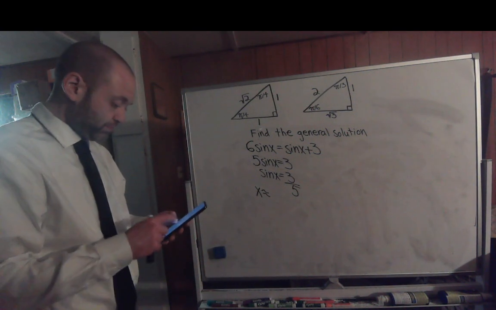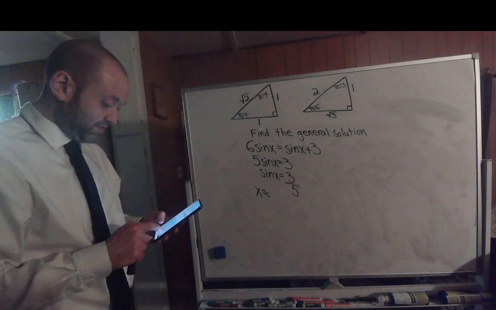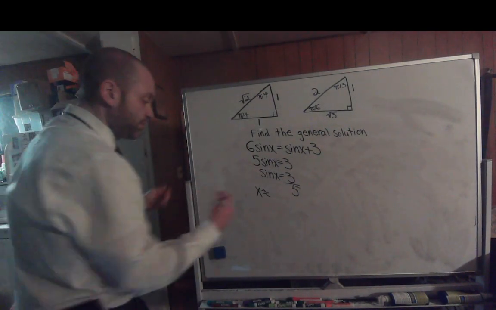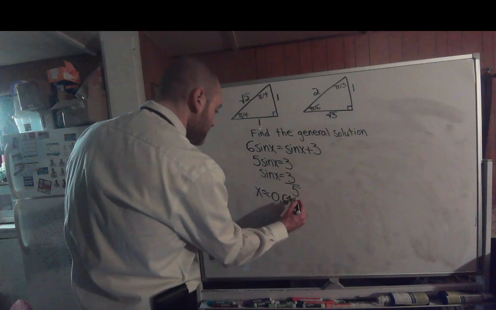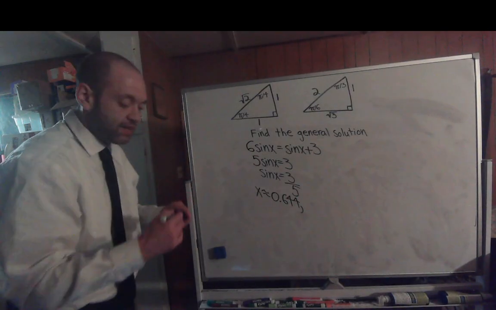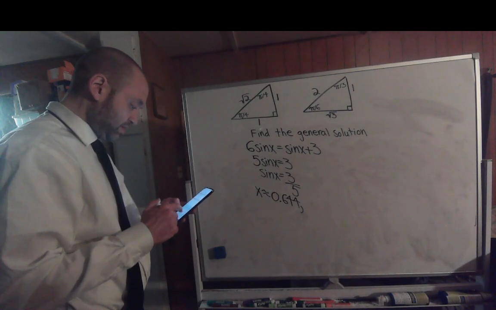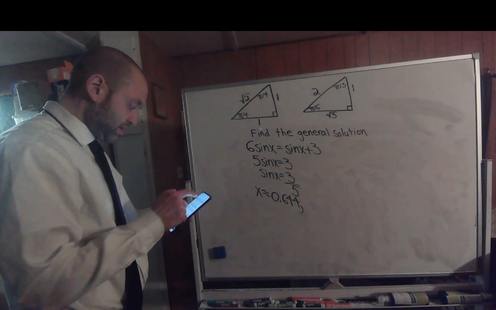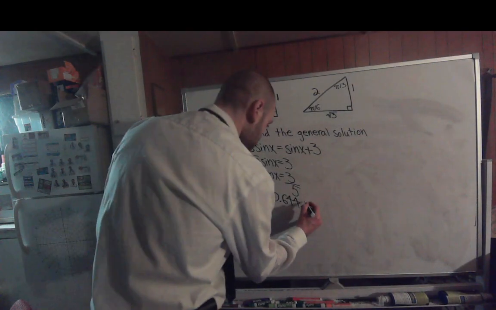So let's take the inverse sine of 3/5. You get about 0.644 radians. Now, subtract that from pi, and you'll end up in the second quadrant. You would get about 2.498 radians.